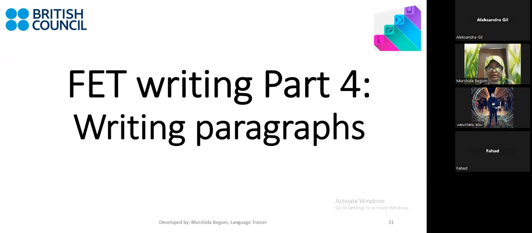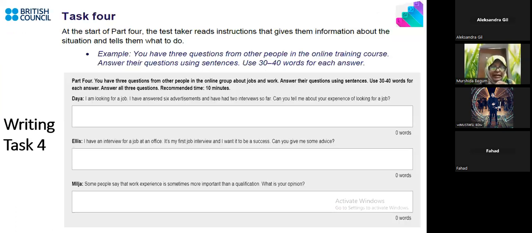Now let's look into part 4 of writing, which is writing paragraph. At the start of part 4, the test taker reads instructions that give them information about the situation and tell them what they can do. For example, you have to answer 3 questions from other people in an online training course.